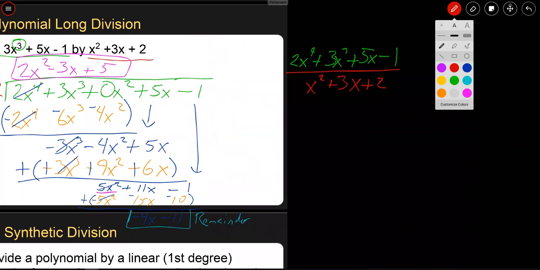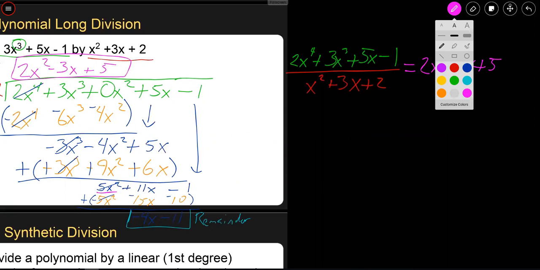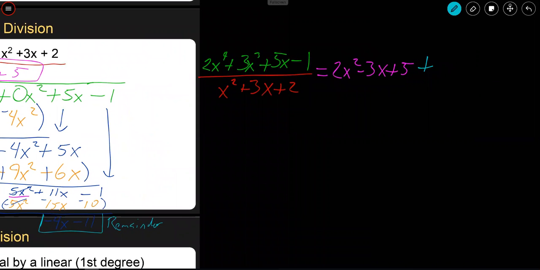What I get out of that is my quotient, which is 2x squared minus 3x plus 5, plus my remainder. My remainder is negative 4x minus 11, not all over, just the remainder over my divisor.